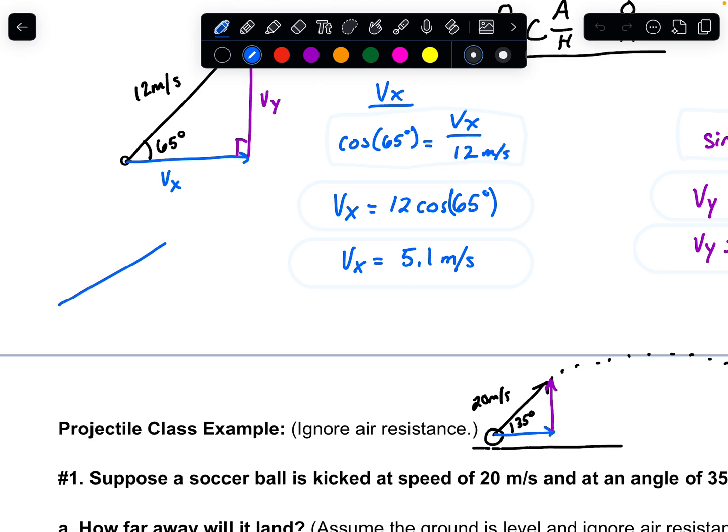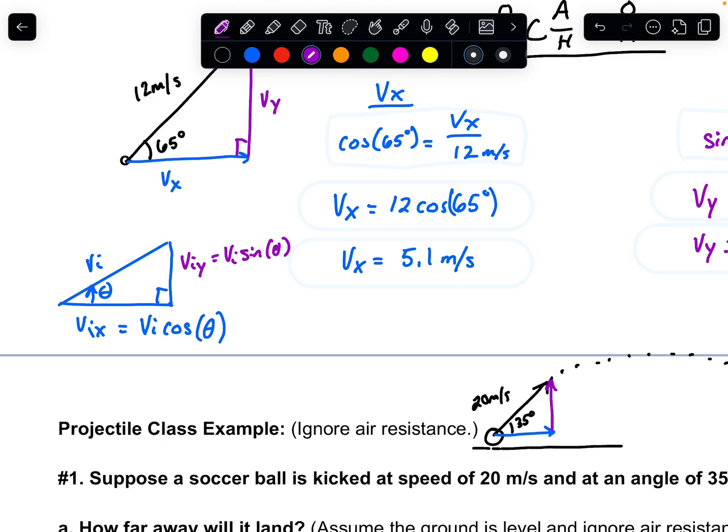So if we look at our right triangle, and I'm going to draw a really quick right triangle right here, if this is our initial velocity, the V initial in the x direction is always going to be equal to the initial velocity times the cosine, because that's the adjacent angle, and the Vy initial in the y direction is always going to be equal to the initial velocity times the sine of the angle.